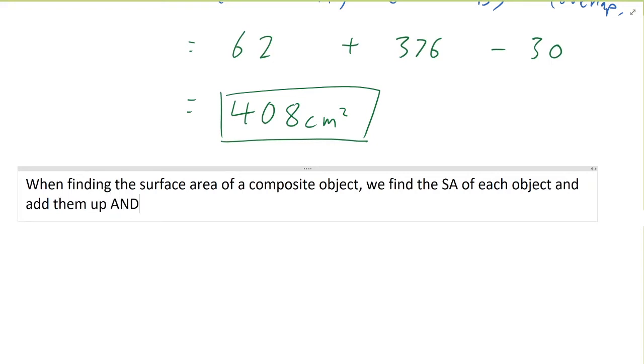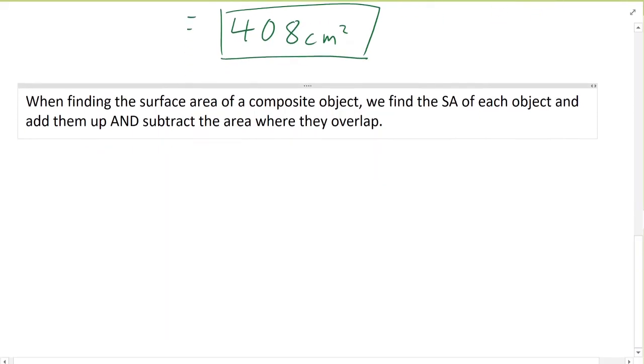And, this part's important, subtract the area where they overlap. Okay, this applies to all types of prisms, not just rectangular prisms. So let's take a look at another example and see how that works.